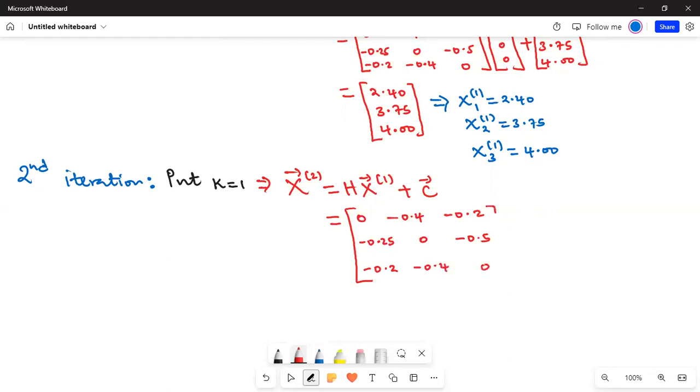That's our h. Multiplied by x at level 1, here we have 2.40, 3.75, 4.00, plus our c, 2.40, 3.75, 4.00.